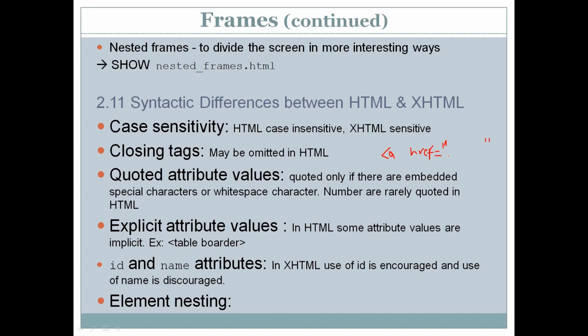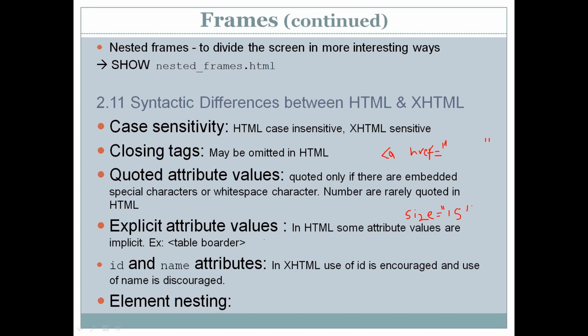So like this, in XHTML, every attribute value needs to be quoted, it has to be included in double quotes. But in HTML, not always are the values included in double quotes. For example, a value like size: suppose we have a text field and the size is specified as 15. This is valid in HTML, but in XHTML even this value 15 has to be written in double quotes.